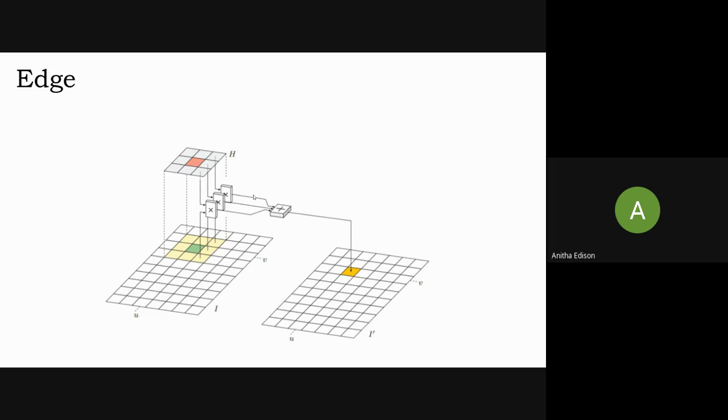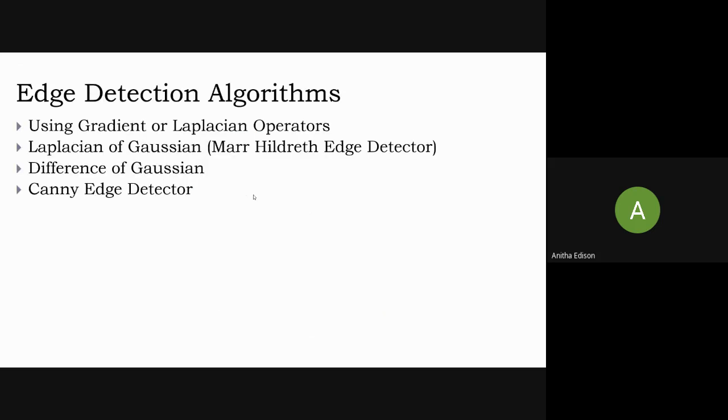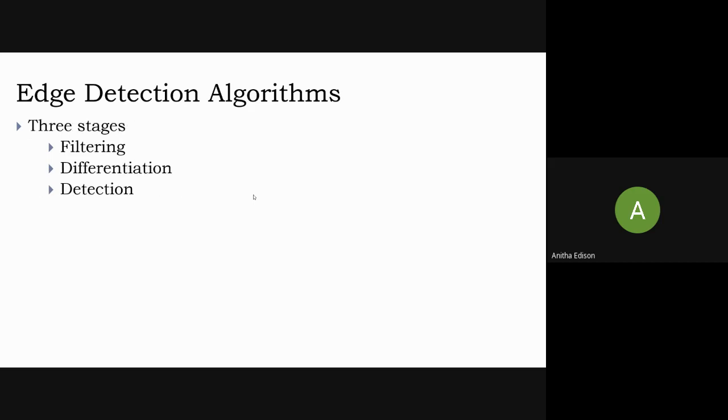So there are a number of edge detection kernels, and using those kernels you can find the edges. And there are a lot of edge detection algorithms like Laplacian of Gaussian, difference of Gaussian, Canny edge detector, etc. These edge detection algorithms have three stages. The first stage is that there will be some noise, and you have to remove that noise, so you use filtering. Then you use a differentiation operation.